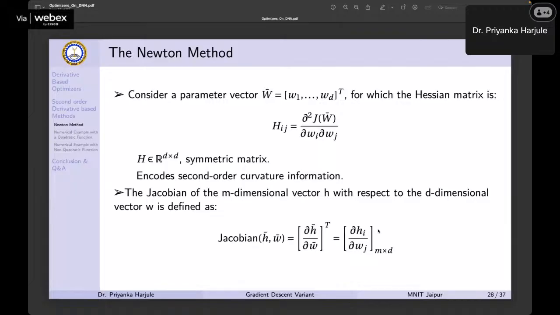Consider the parameter vector W bar, having some d parameters, expressed as a column; this is a transpose. The second order derivative of the loss function is given by Hij, where H is a d by d dimensional Hessian matrix. The ijth entry Hij is given by the second order derivative of the loss function.